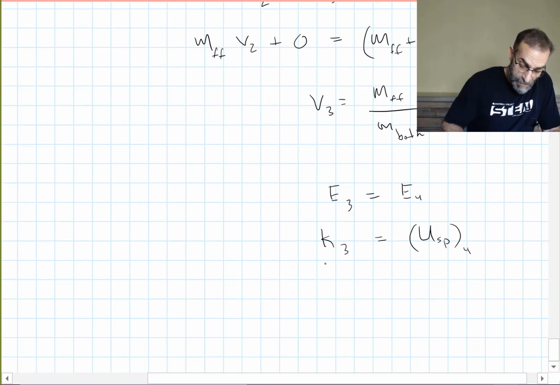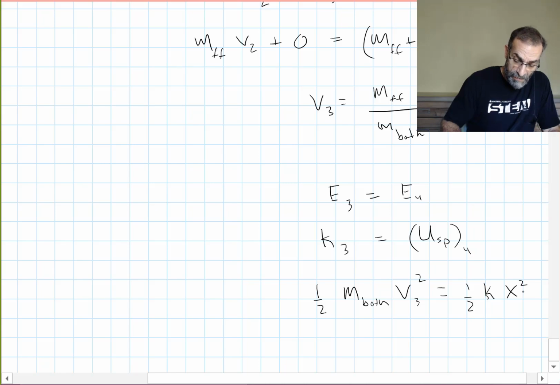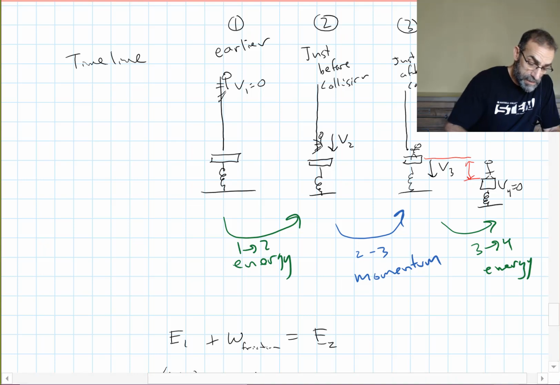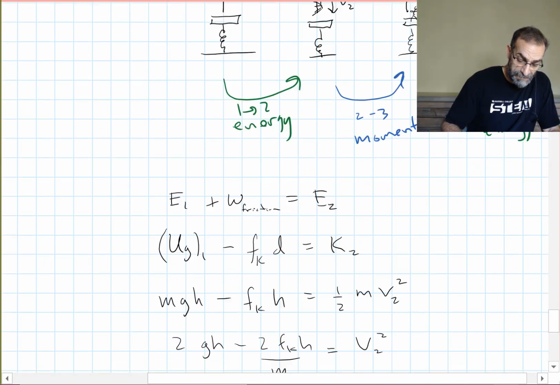So we have K3, 1/2 m both, right? Both v3 squared, and this is going to be 1/2 k, where k is the spring constant, x squared, and we're solving for x. X is this distance right here, the spring compression distance x.